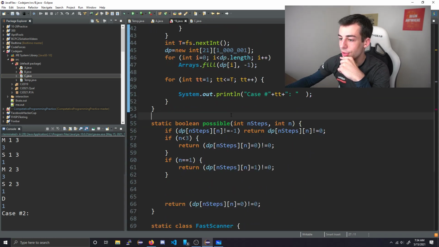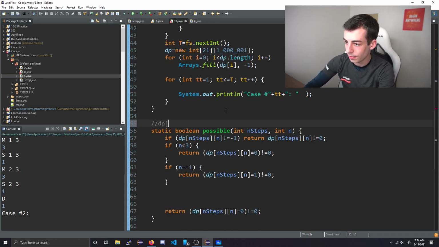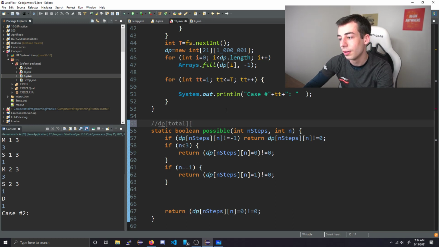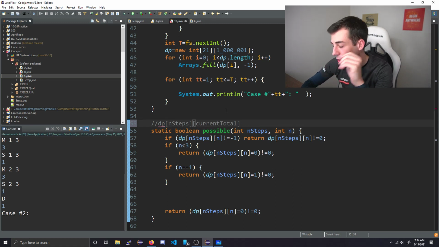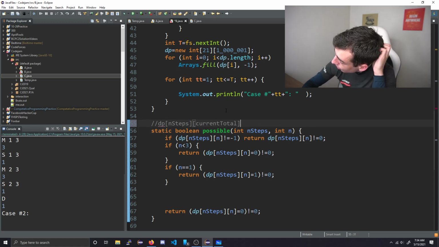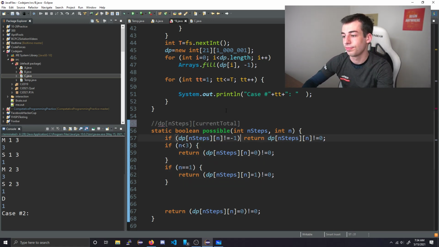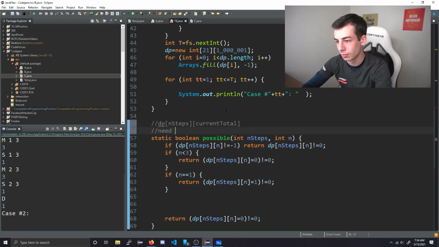So this is dp: the total, the number of steps, and then the current total. Okay, so we need a factor of n minus k.